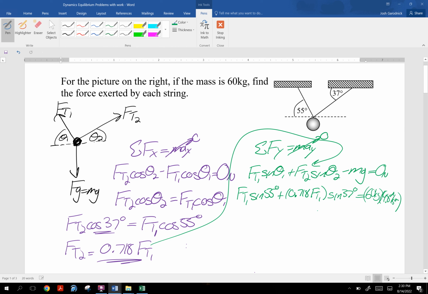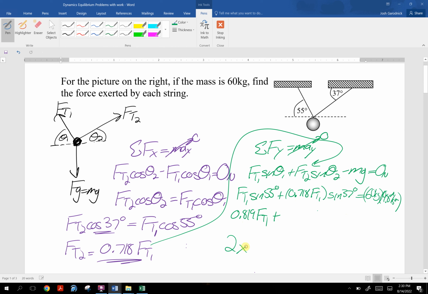squared. Now, don't let this bother you. Some people get a little intimidated by the math here. There's nothing to be intimidated about. Sine 55 is a number. Put it in your calculator. Sine 55, I got 0.819 ft1 plus sine 37 is a number multiplied by a decimal number. Just put it in your calculator.